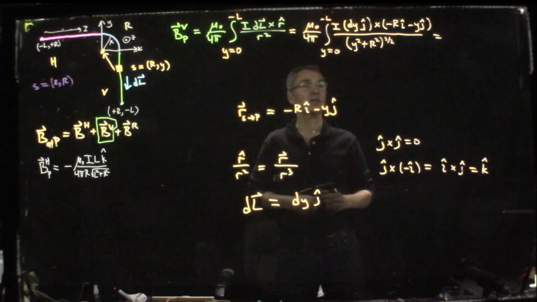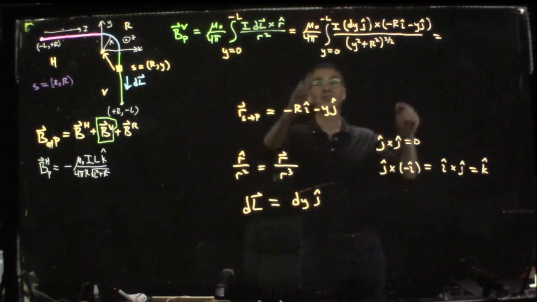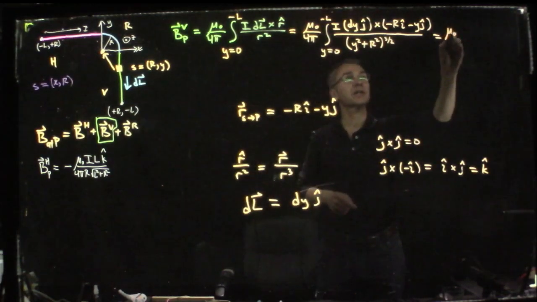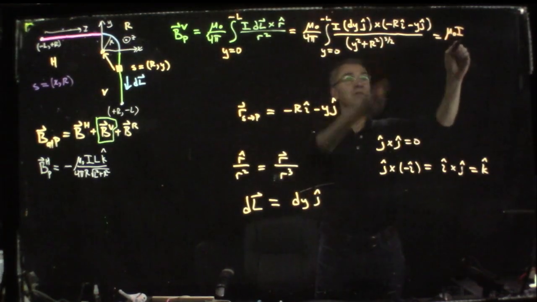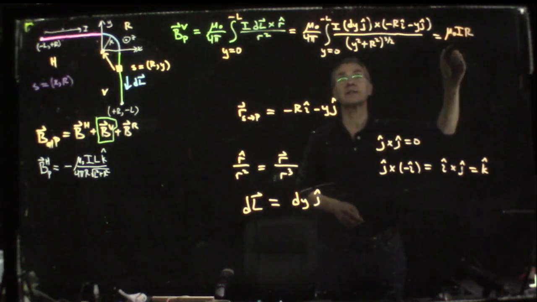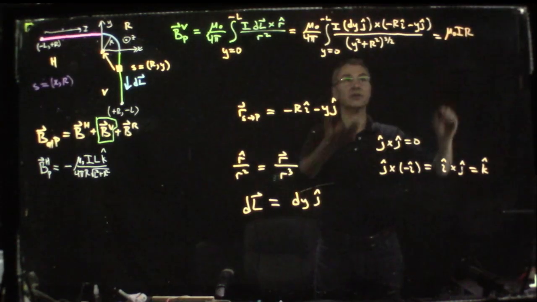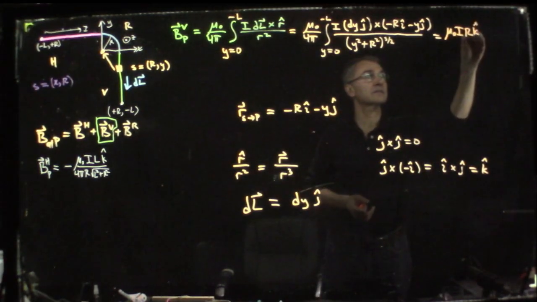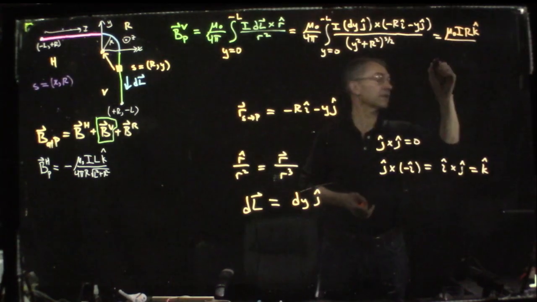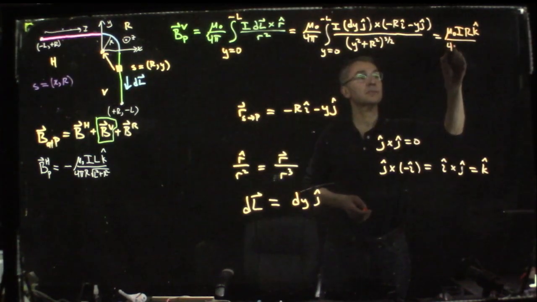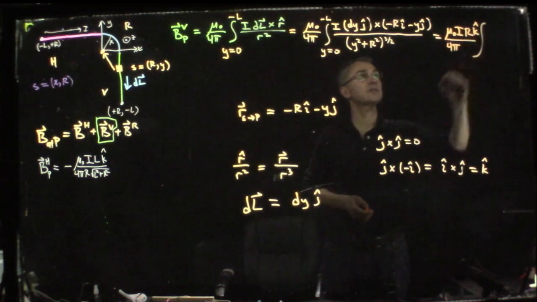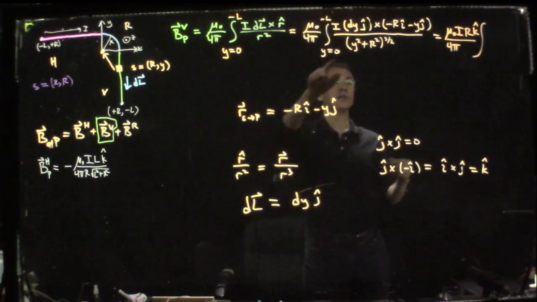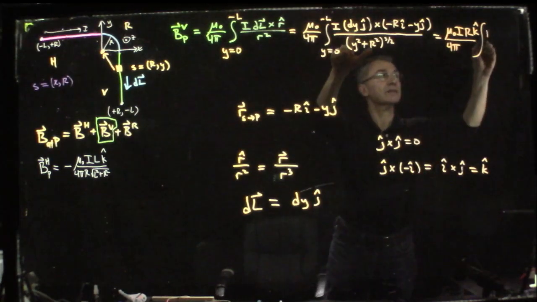Okay. So this is going to be mu naught, and then we can pull out the I. We can actually pull out the r. And then we can also pull out the k hat. And then over 4 pi, and we're integrating. Okay, what's left? We have dy.